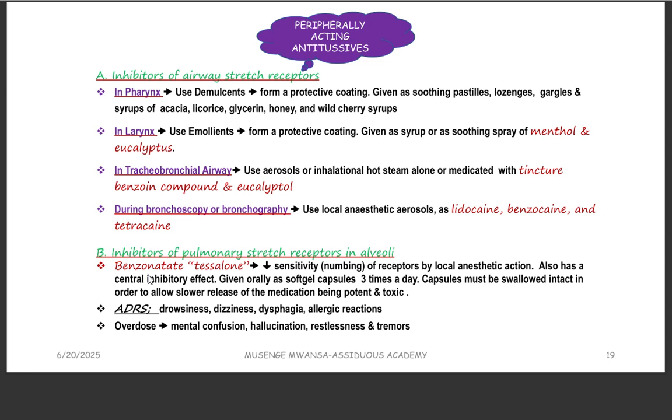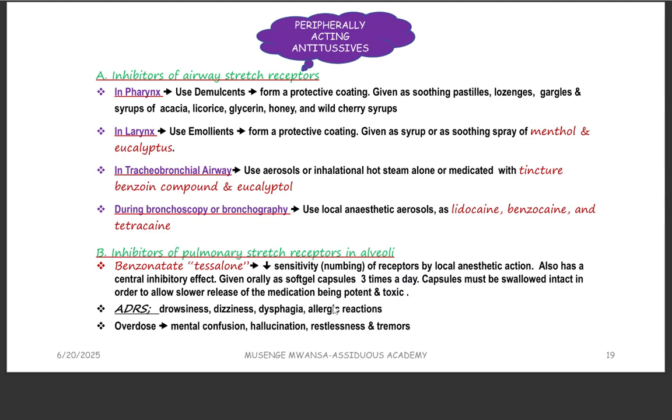We have got benzonatate, okay, which is also known as Tessalon. This one will be able to reduce sensitivity of receptors by local anesthetic action, and they also have a central inhibitory effect. So they are given orally as a soft gel capsule 3 times a day.